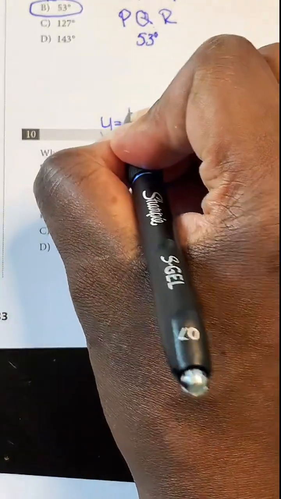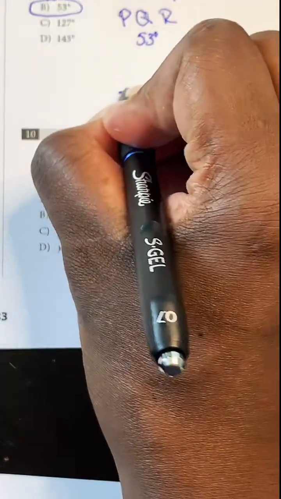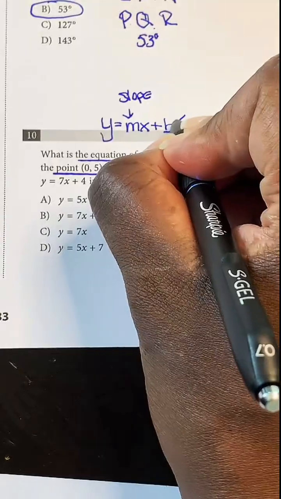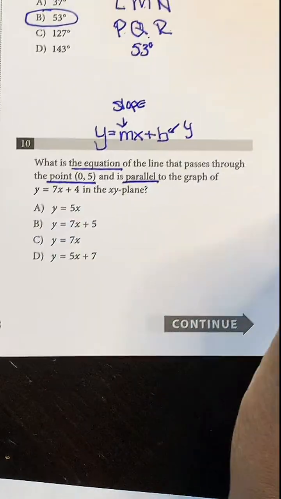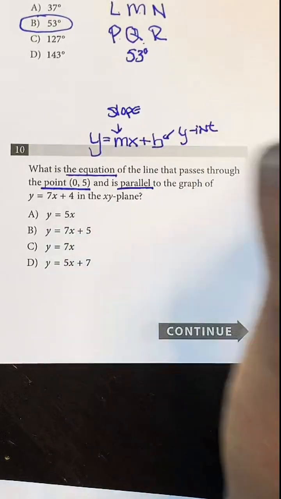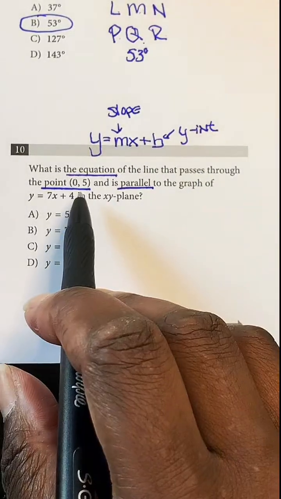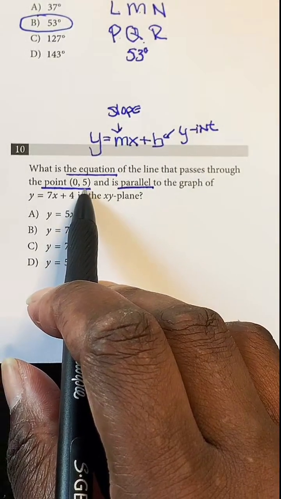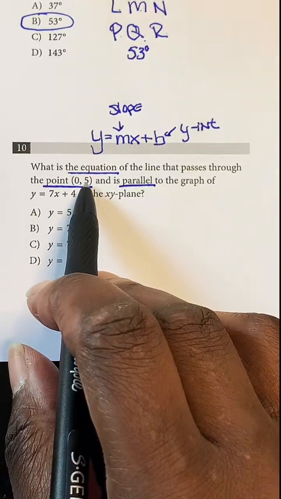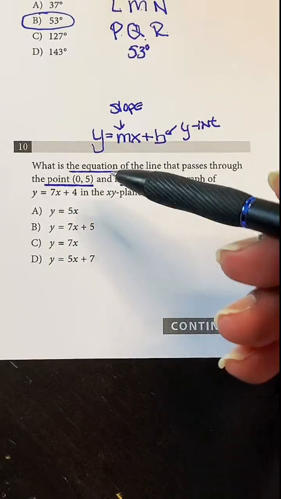Okay? Your m, that's your slope. Slope we all know as rise over run. Your b, that's your y-intercept. So they're telling us that our y-intercept is going to be 5, okay? It passes through this point. So that means our y-intercept is going to be 5.